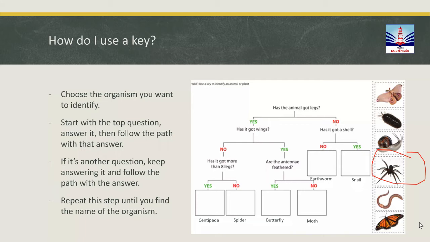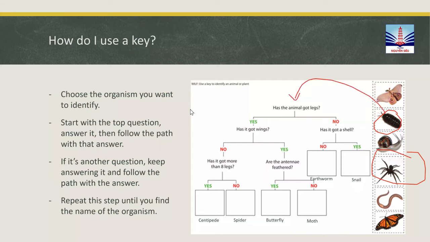All right. So first question: has the animal got legs? Yes. Okay, going to move to the yes path, and then we arrive on another question. Has it got wings? No. All right, then we continue on the no path.